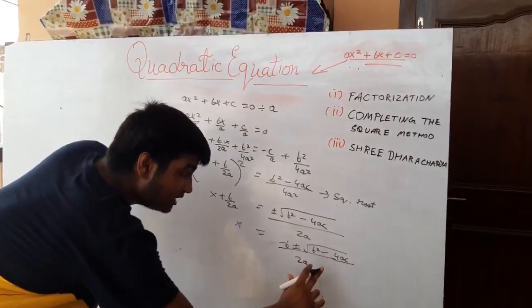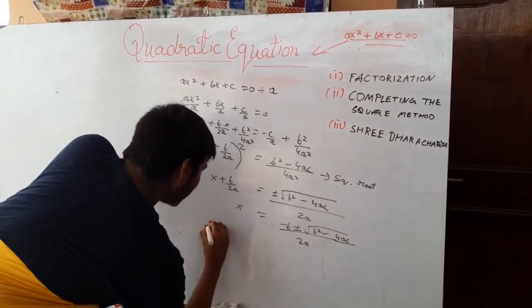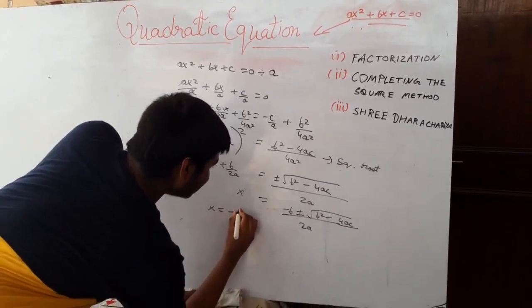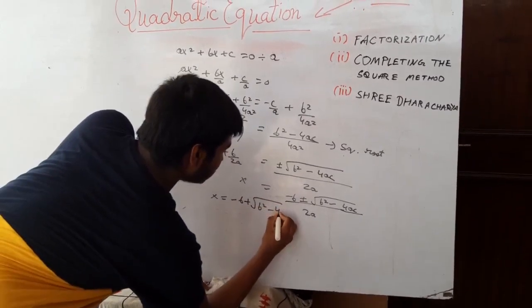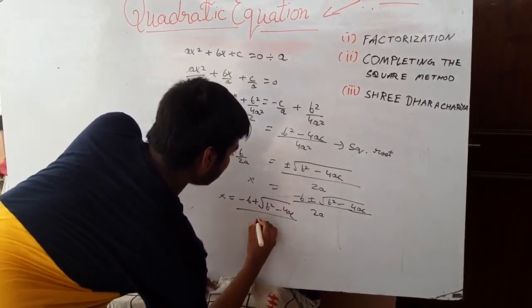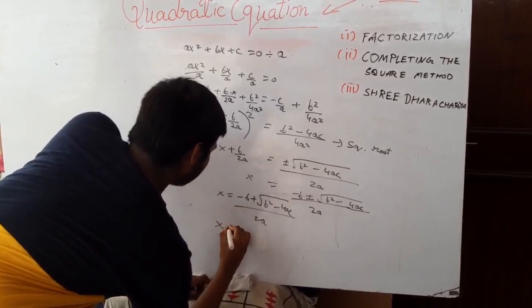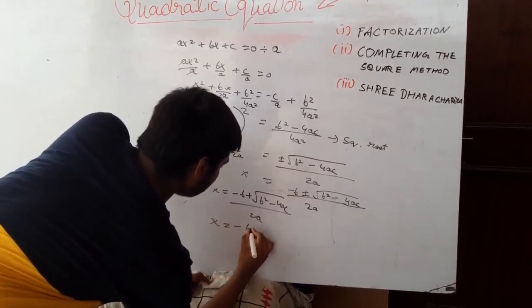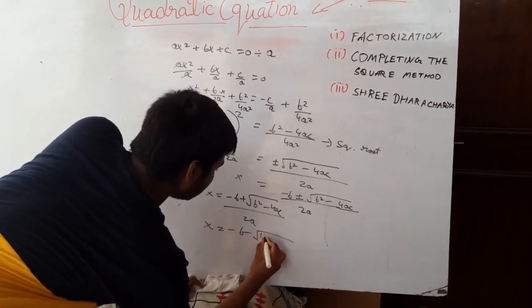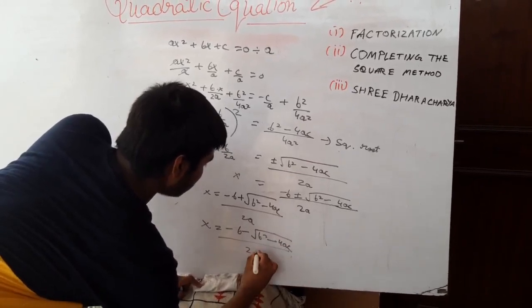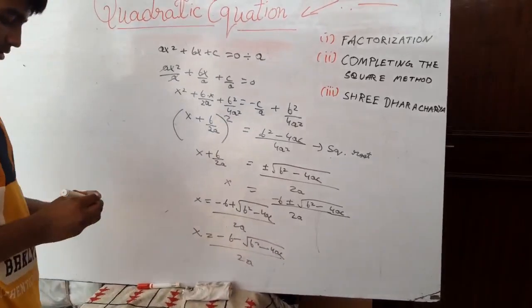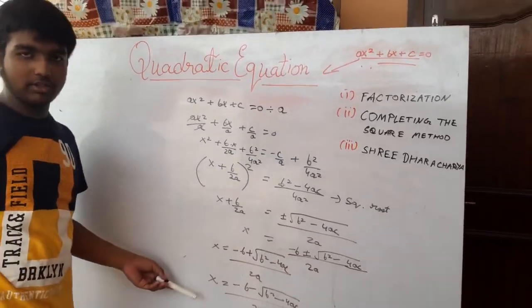So we will get both values of x. x is equal to minus b plus under root b square minus 4ac by 2a. Another value is minus b minus under root b square minus 4ac by 2a. These were the two values of Shree Dharacharya formula.